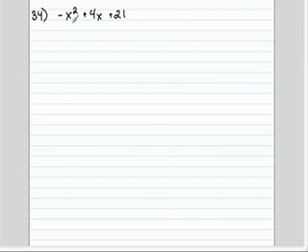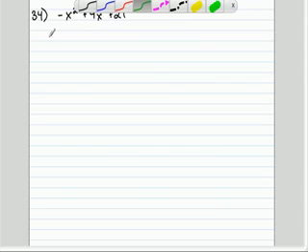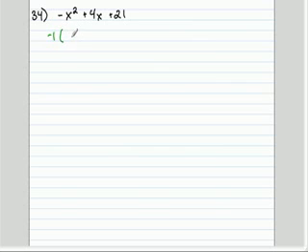It's going to be a lot easier if we can get that leading coefficient to be positive. So how can we do that? If we factor out a negative 1, my leading coefficient becomes positive.